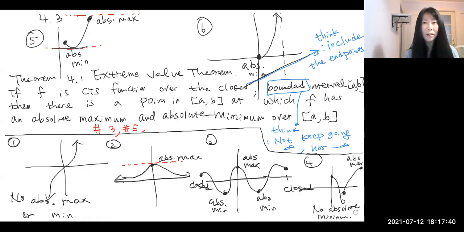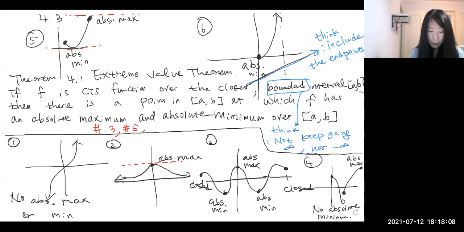So can you see that? f is a continuous function, closed, right? Closed means we don't have an arrow, so it includes the endpoint. So number 3 and number 5 are closed, right? Then bounded. So I make the line bounded above, bounded below, right?